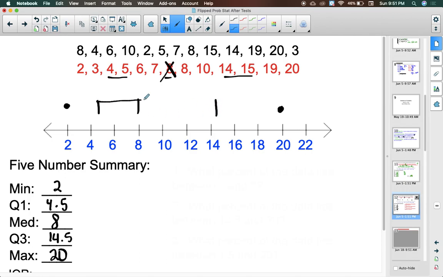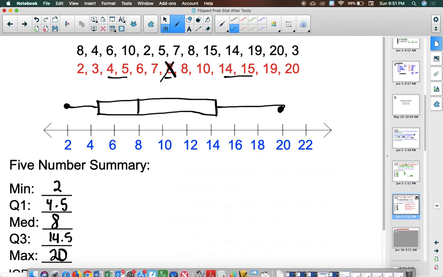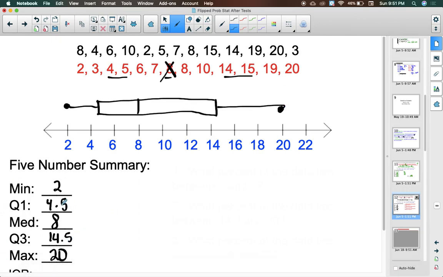Now I can connect my tops, connect my bottoms. There's my box. Connect the whiskers. And now I've got my box and whisker plot. The IQR, 14.5 minus 4.5, that's down here. My IQR is 10. So that means 10 data points sit inside the box.